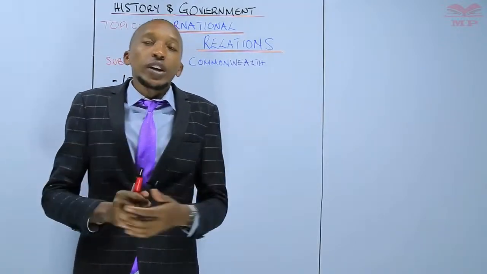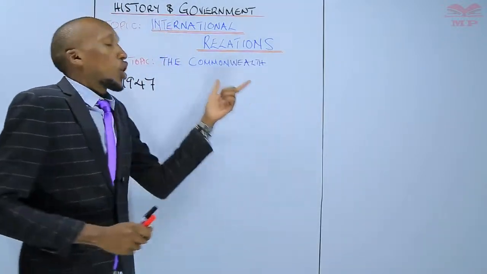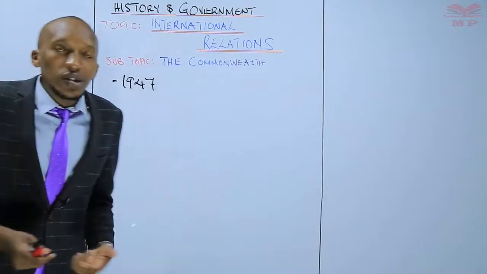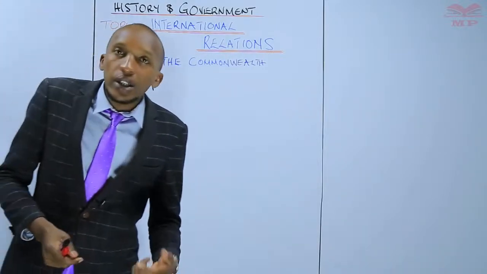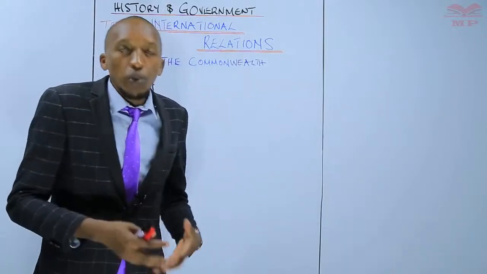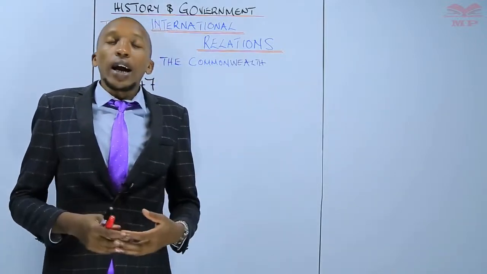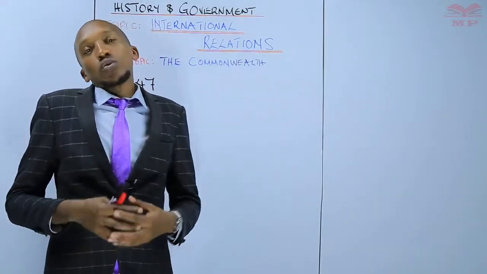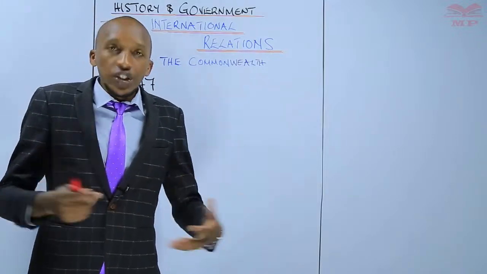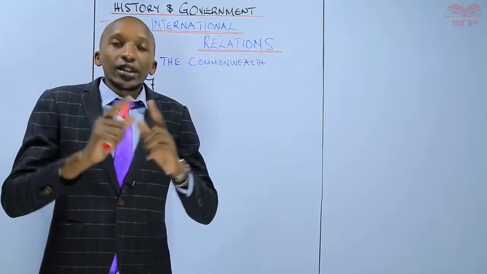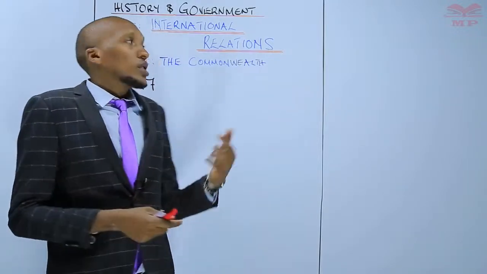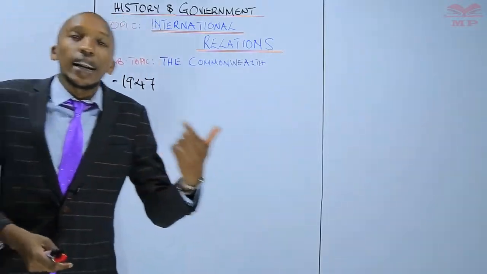So they came together and decided to craft the Commonwealth, that members who are part of the British Empire could join. Membership was open and free to any country, any state that desired to join this organization.